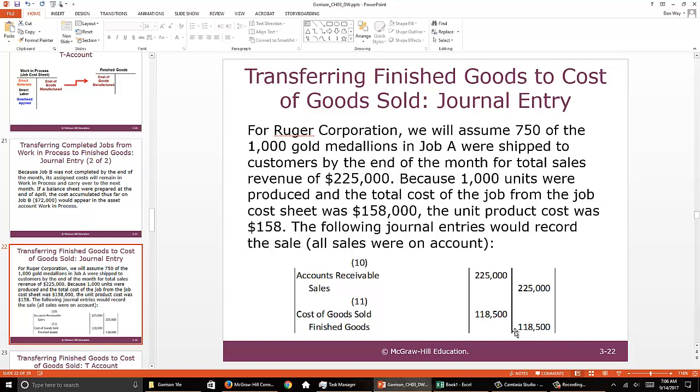Again, we're following the flow of costs associated with those medallions that have been sold from finished goods out through cost of goods sold. So just a recap here, we're saying all of the costs associated with our production process that flow through inventory only hit the income statement when those items are actually sold at this point right here. Otherwise, they're sitting in work in process, finished goods, and so on.